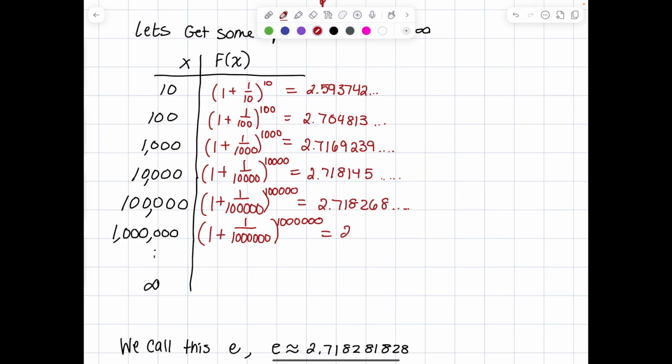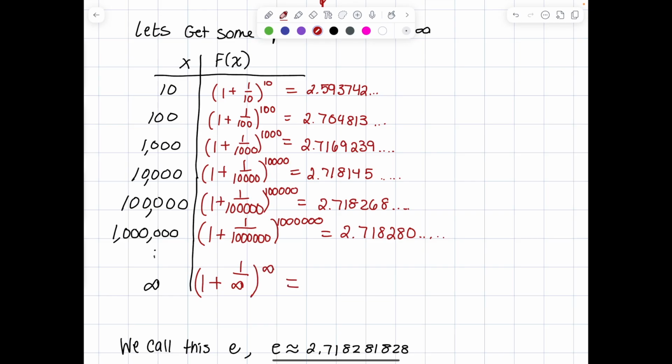And you get 2.718280 and some decimals. And so essentially what we're interested in is when x becomes infinity, if I plug in 1 over infinity to the infinity.